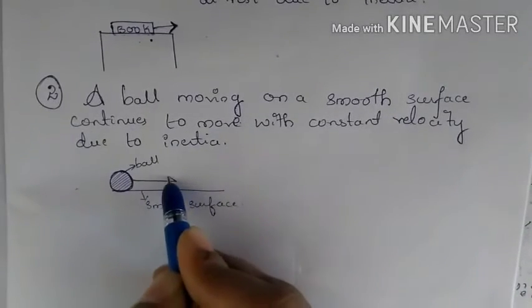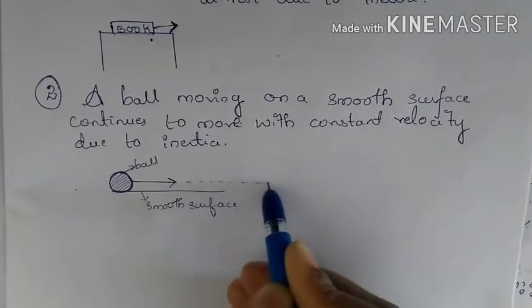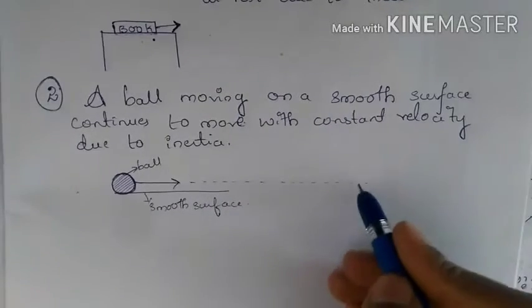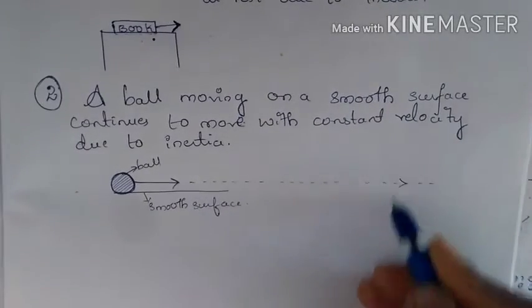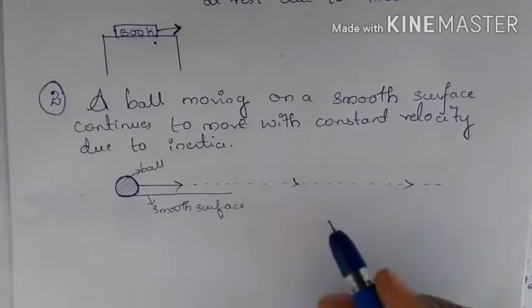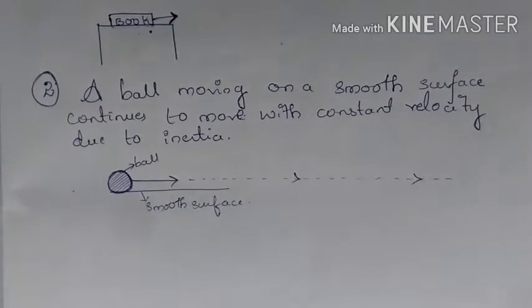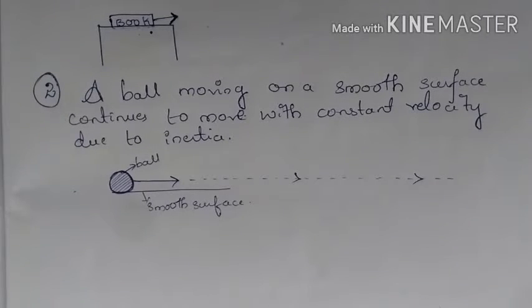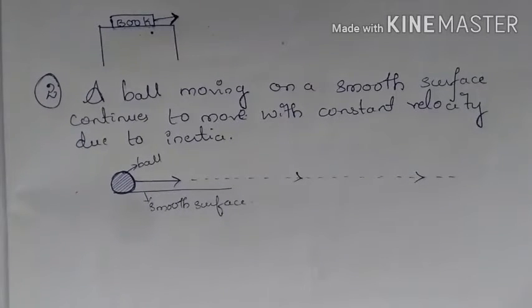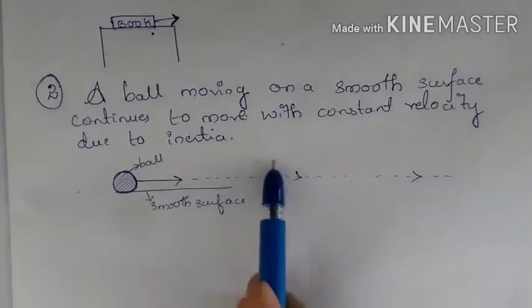So this ball would continuously move on the surface without changing its direction or the magnitude of its speed or velocity until and unless a force acts upon it. So this is what? Inertia of motion.